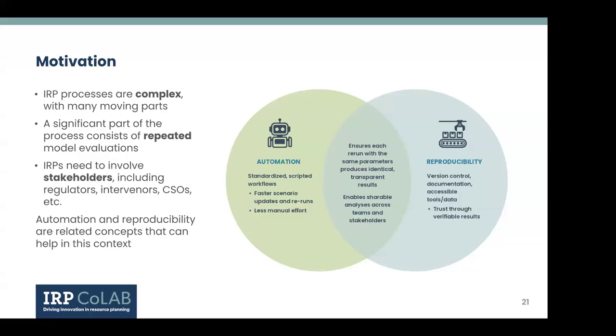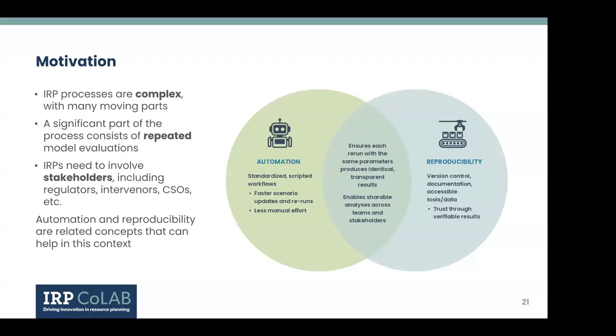Can you easily reproduce all or part of the analysis for an IRP? That, of course, is helped by automation, because if you have an automated workflow, you can easily rerun it. But it's also helped by things like version control, documentation, and accessible tools and data that are transparent.